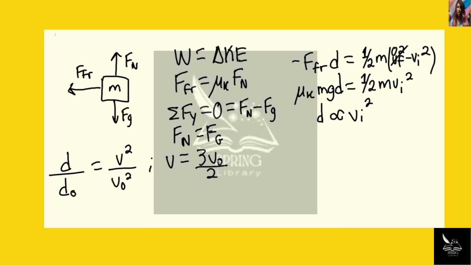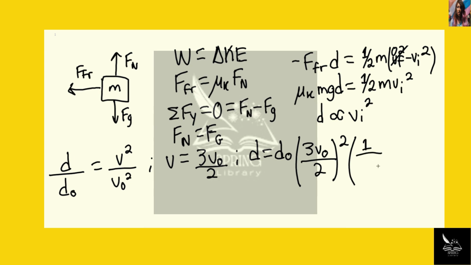Substituting, d equals the original braking distance times 3 v initial divided by 2, quantity squared, my apologies, and then 1 divided by v initial squared.